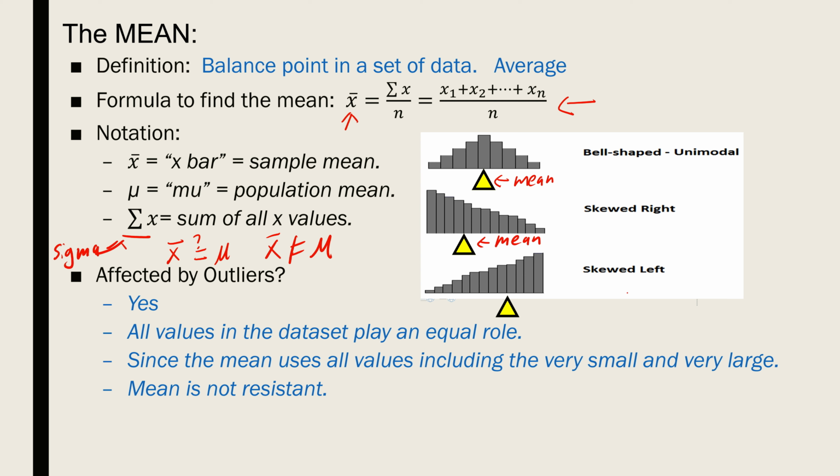For a skewed to the left histogram, usually the mean will locate at the right part of the histogram. Because the mean uses all values, including the very small and very large numbers, the mean is affected by outliers, and all values in the dataset play an equal role. Overall, this means the mean is not resistant.